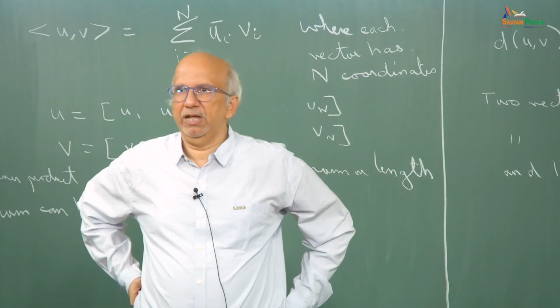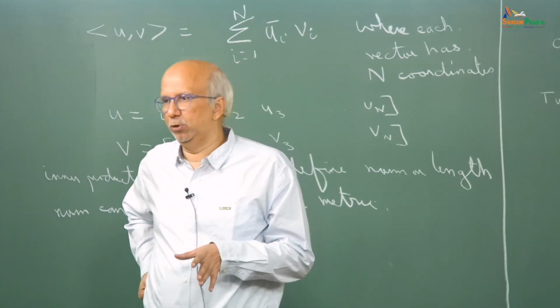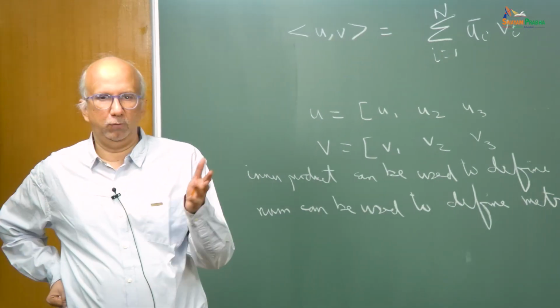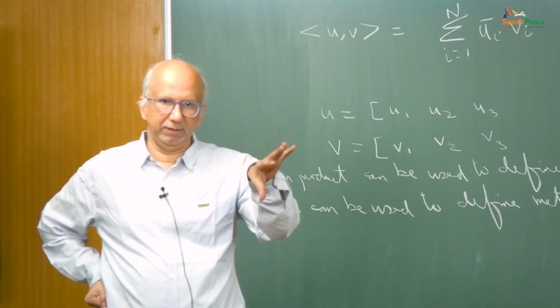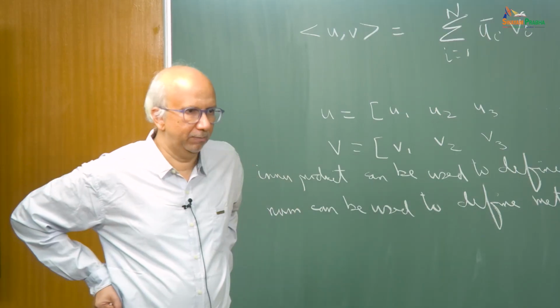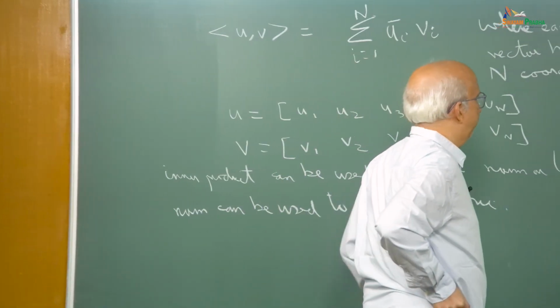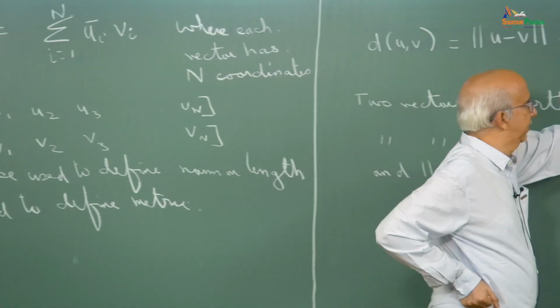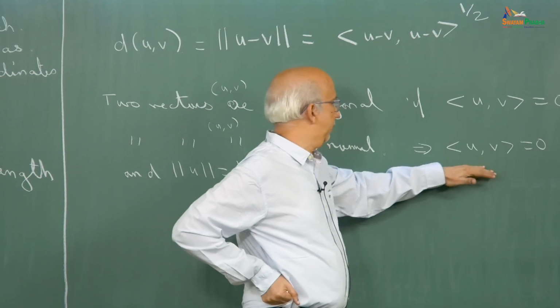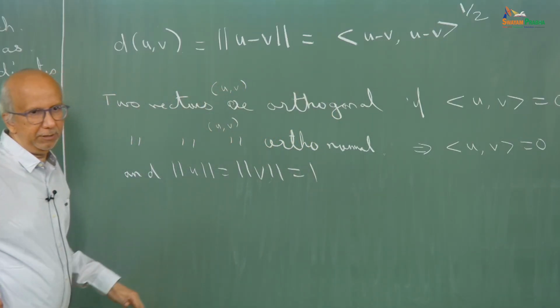So, basically I have normalized it, means I have made the length equal to 1. I mean, you know how to do that, you just have to divide it by the length, then the length of the vector becomes 1, okay. So, if I say orthogonal, only this, if I say orthonormal, perpendicular and the length is 1.